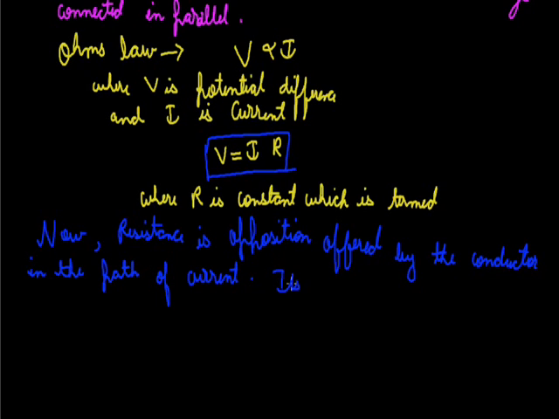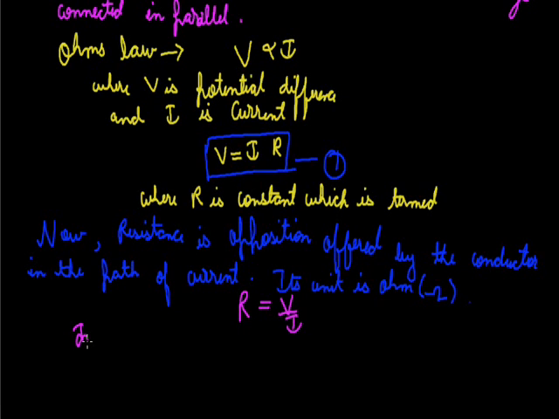Its SI unit is ohm, which is denoted by the sign omega. From equation 1, we can say that R is equal to V by I.